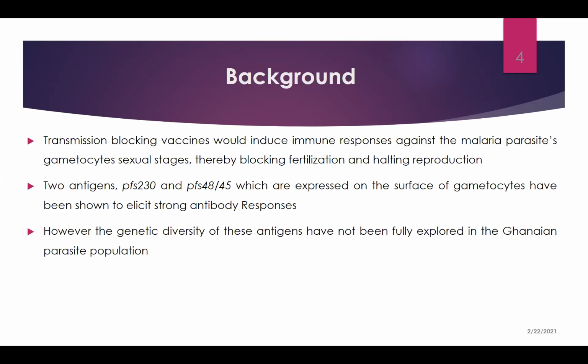Two antigens, Pfs230 and Pfs48/45, which are expressed on the surface of gametocytes, have been shown in research papers to elicit strong immune responses. However, genetic diversity of these antigens has not been fully explored in the Ghanaian parasite population.